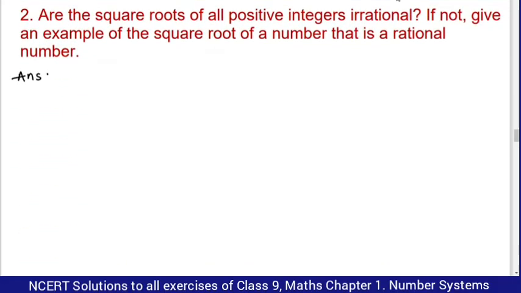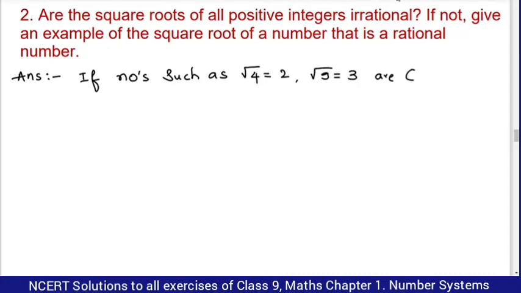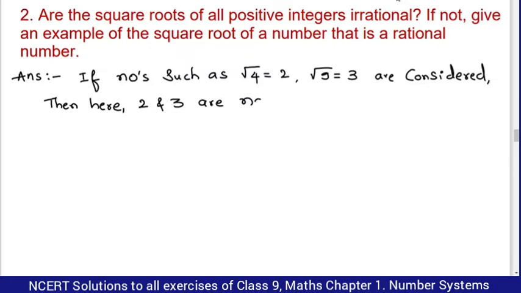Answer: if numbers such as square root of 4 is equal to 2, square root of 9 is equal to 3 are considered, then here 2 and 3 are rational numbers.